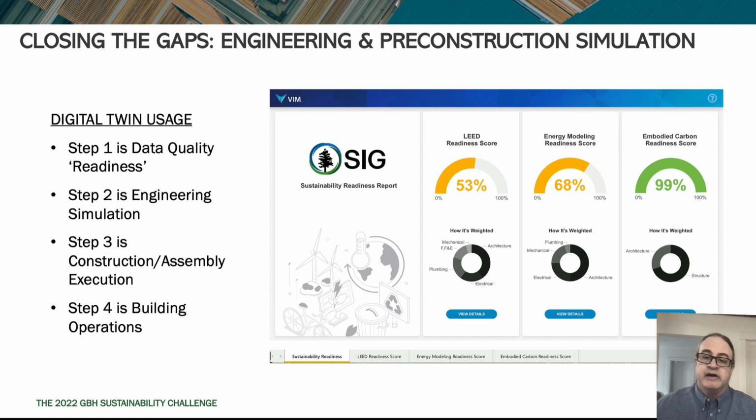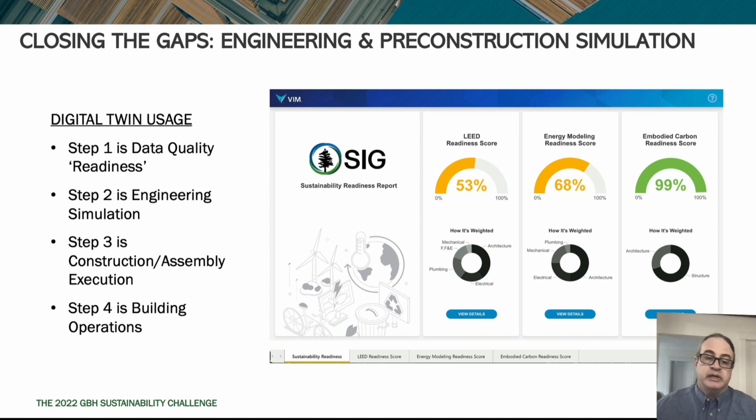So once you have the readiness and you can then start doing the analysis, then you can actually get some engineering results. So for instance, one of the first things we might do after this challenge is put in an engineering analysis outcome, like say daylighting, and get a daylighting report out of the project data.